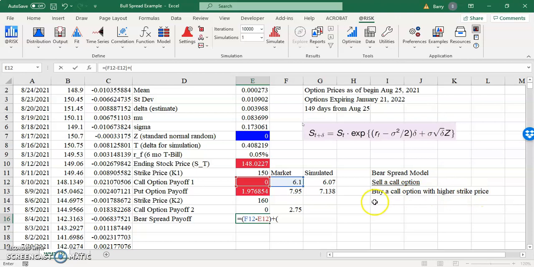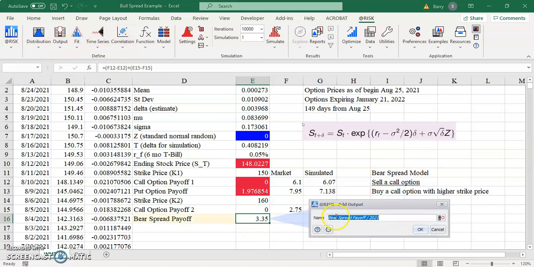Then we'll buy a call option with a higher strike price. When we buy a call option, we're going to receive the payoff and pay out the price. So that's how we'll construct our bear spread payoff. We'll make this an output in at risk.